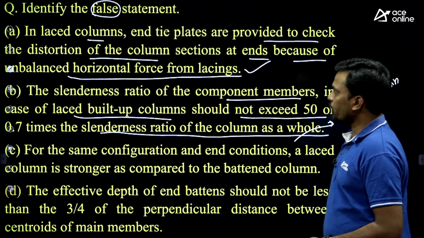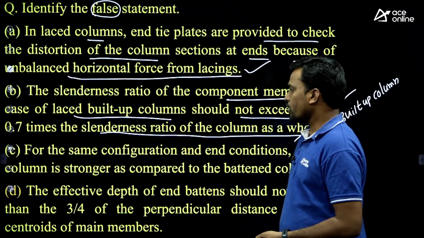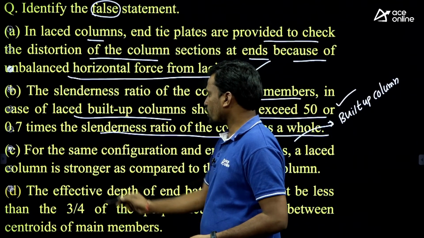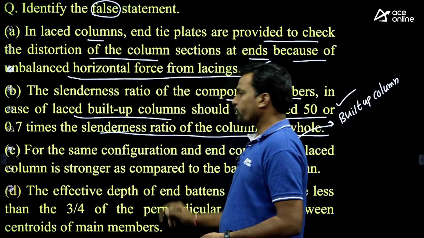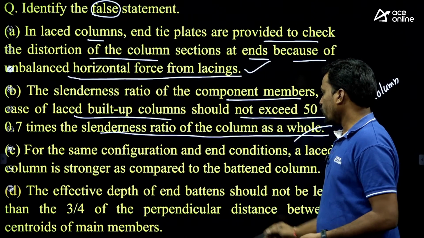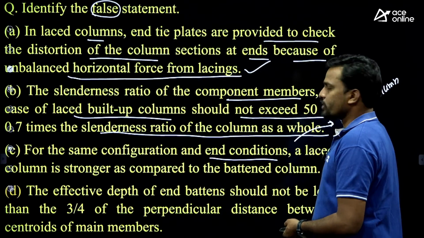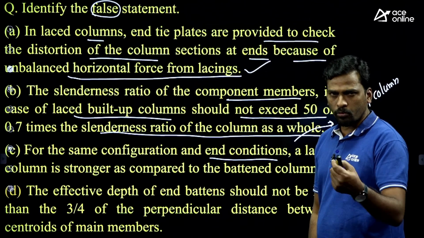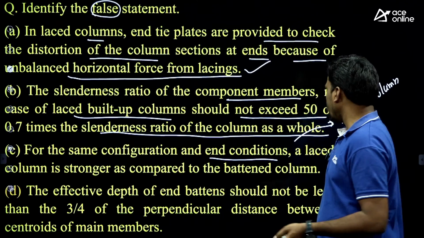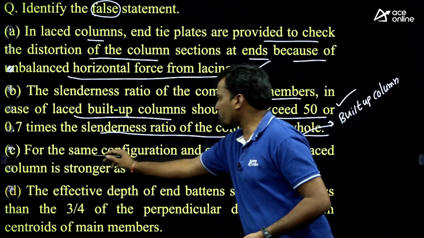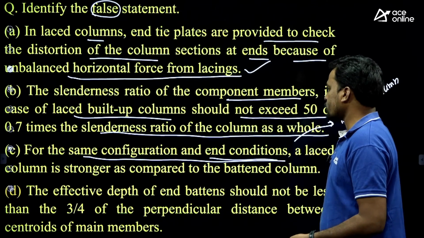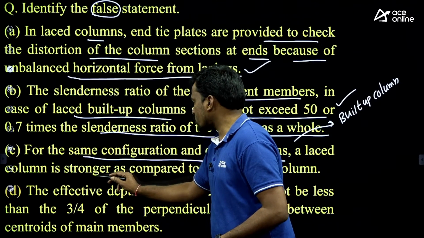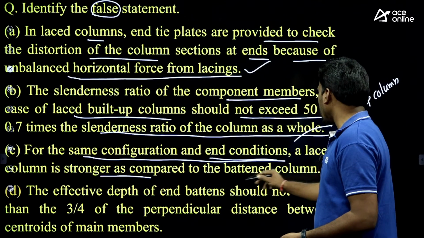Now next, but we need the incorrect statement. See here, for the same configuration and end condition. End condition means maybe single bolt or more than single bolt, or welding. For the same configuration and end condition, a laced column is stronger compared to a battened column.